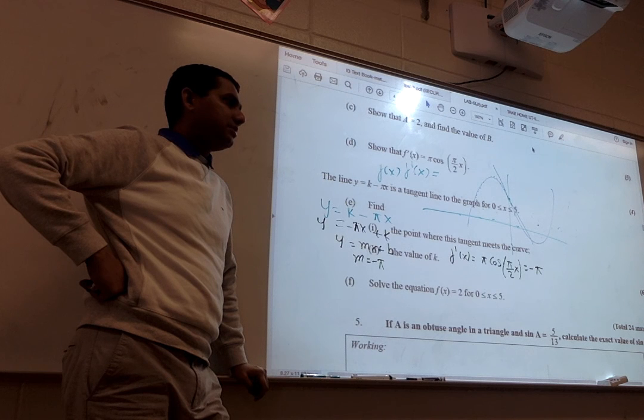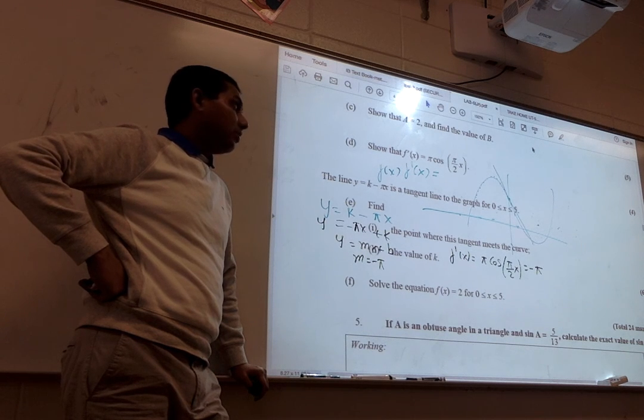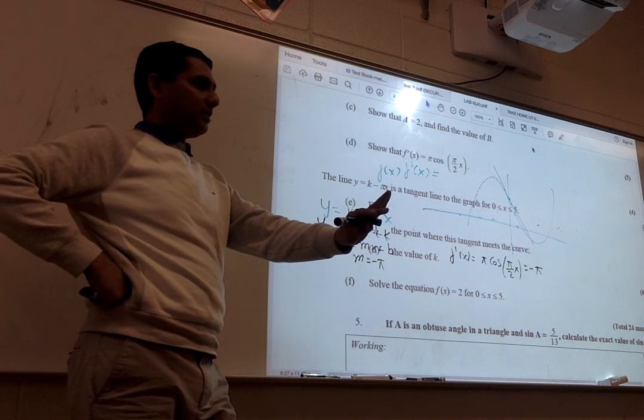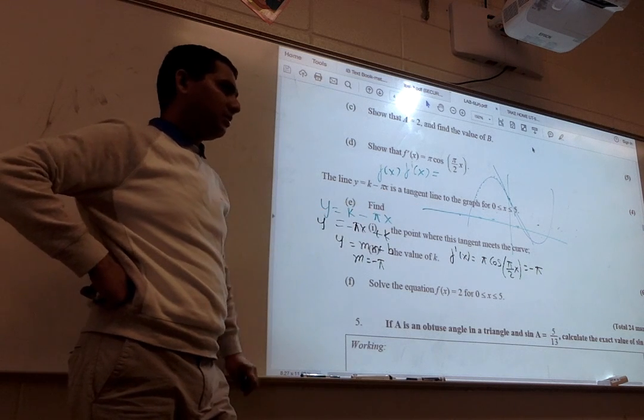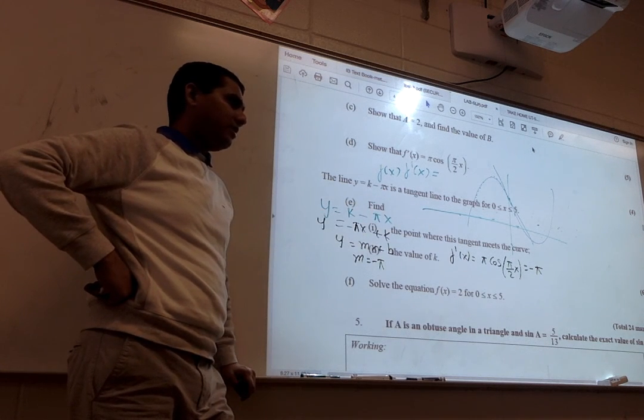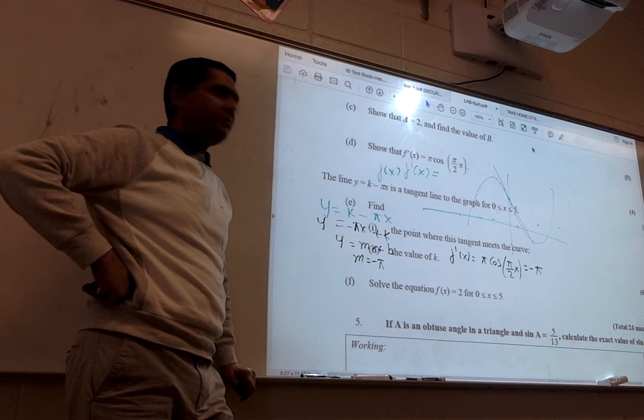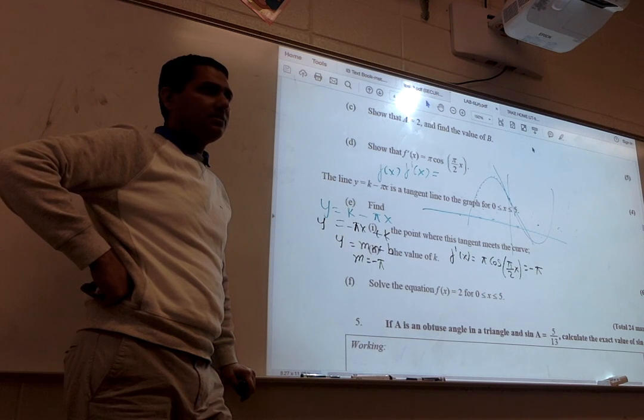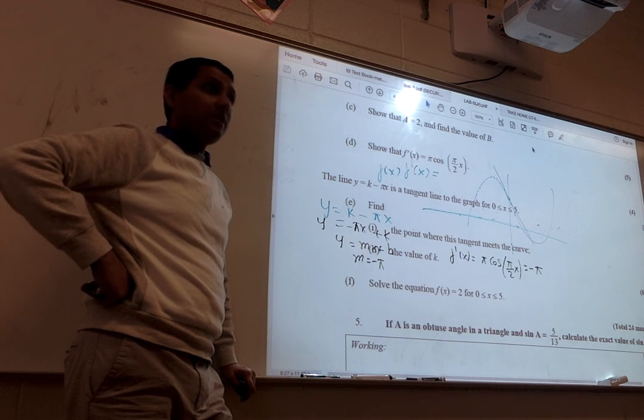Any questions? Let me know. This is an important concept. It says find the point. So how do you know what point it is? We'll get there, but I haven't done that yet. So far, have you captured everything? So just the derivative equation equals the slope, which is negative pi. That's right.